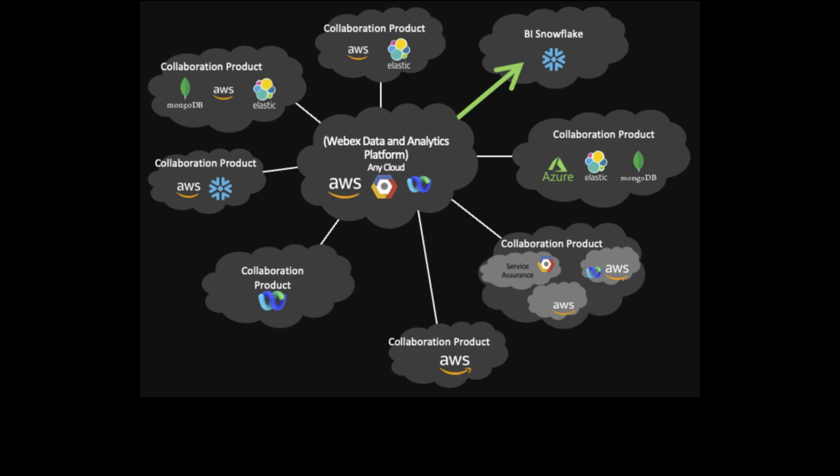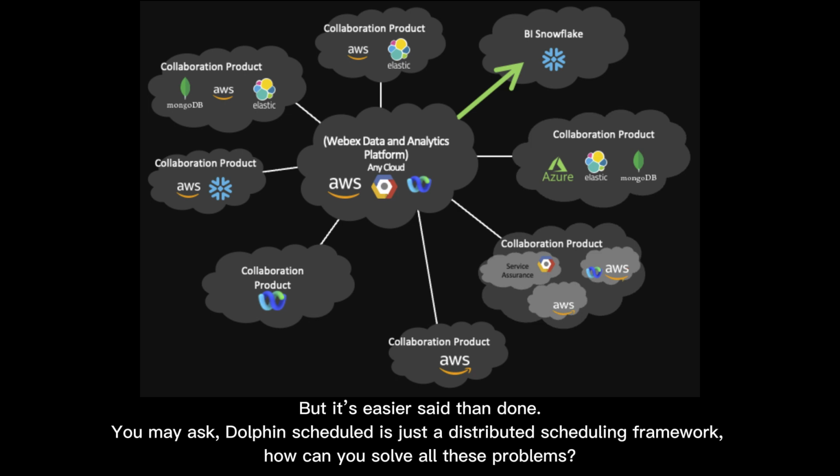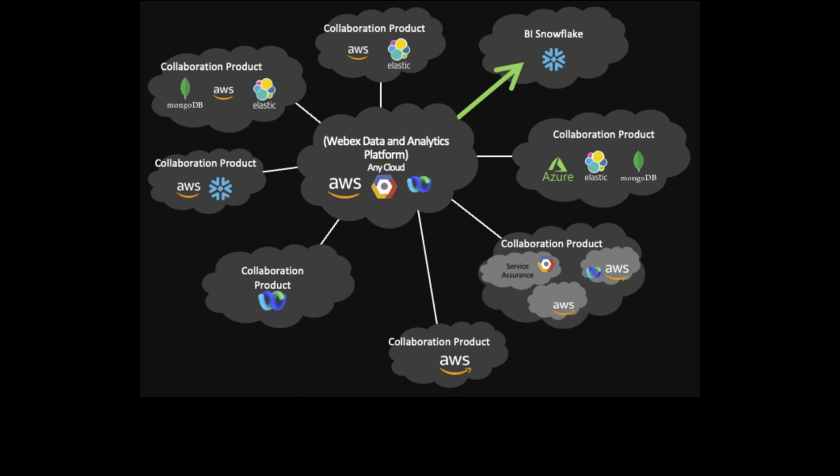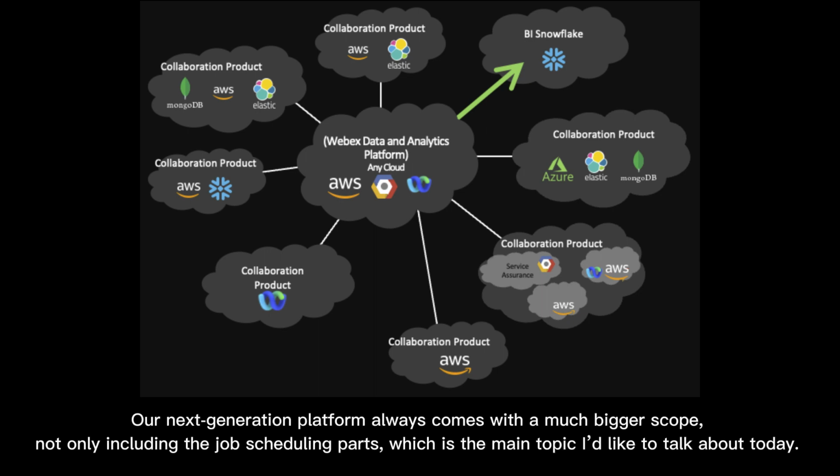But it's easier said than done. You may ask, DolphinScheduler is just a distributed scheduling framework. How can you solve all these problems? Our next generation platform always comes with a much bigger scope, not only including the job scheduling part, which is the main topic I'd like to talk about today.